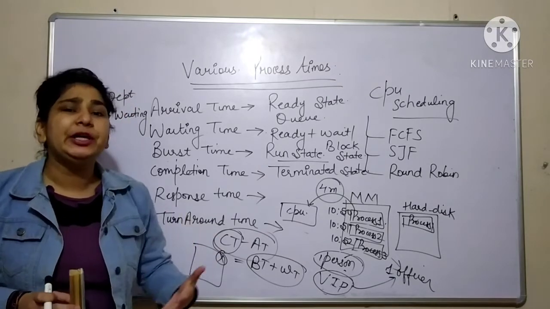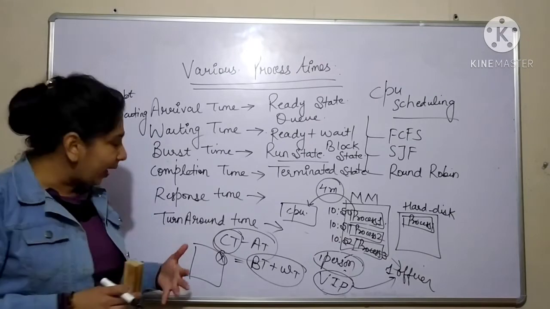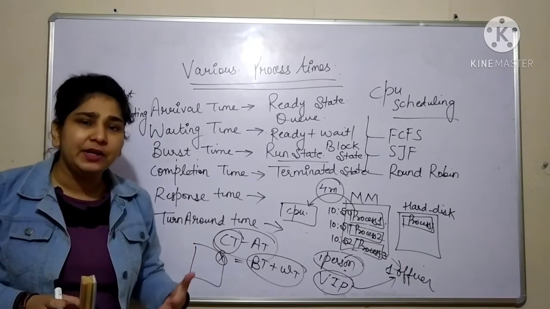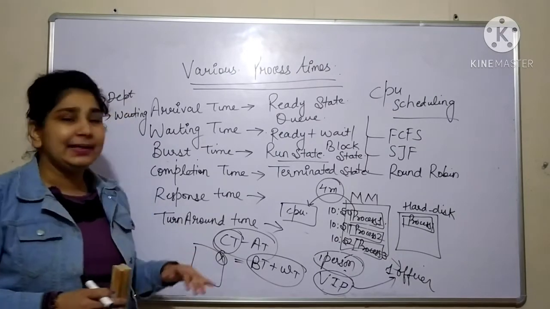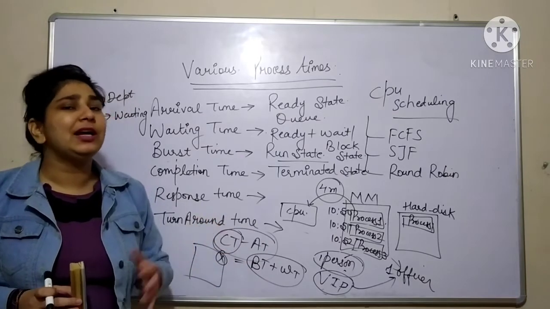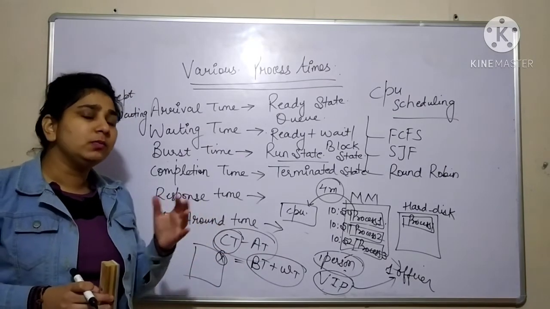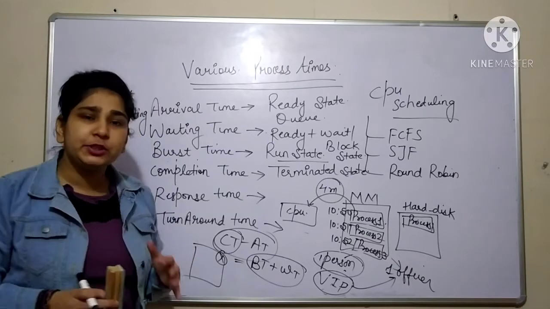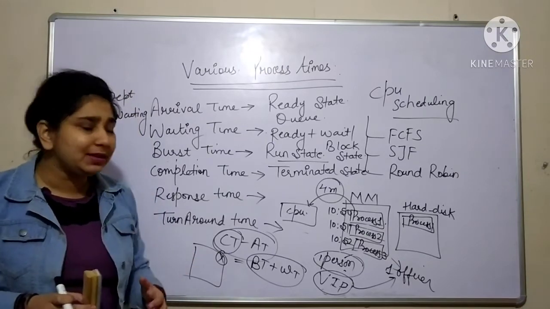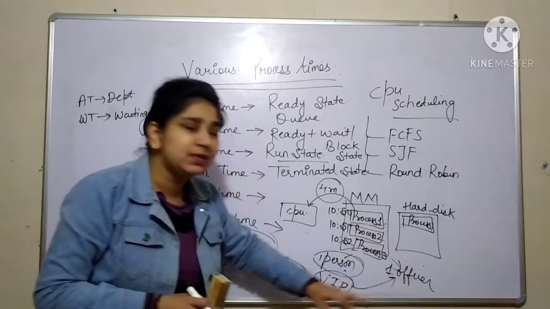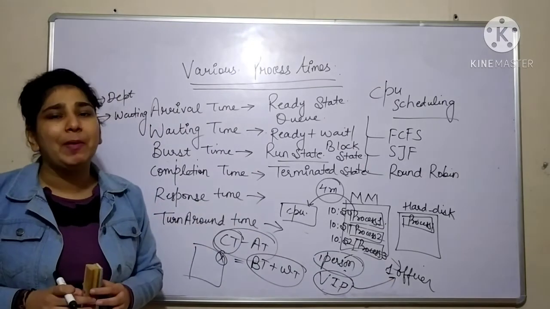The person came into the department, when this person arrived into the department, and when he is leaving the department, after whatever work he wanted to do, he has done everything, he has met the officer, now he wants to leave the department.